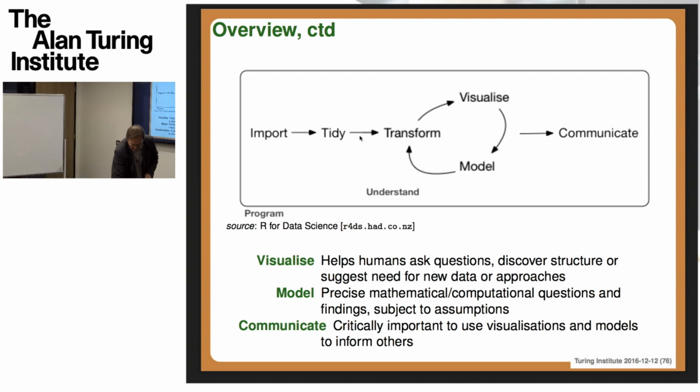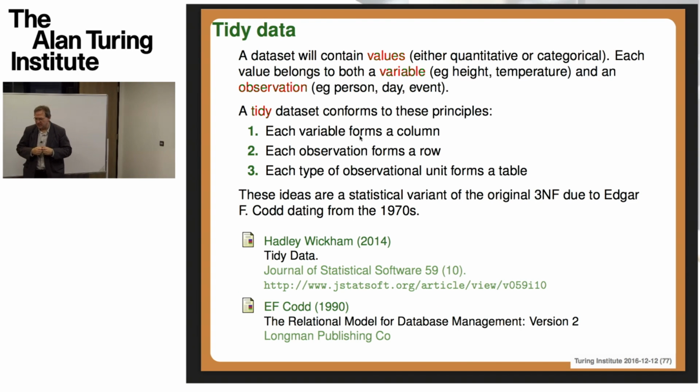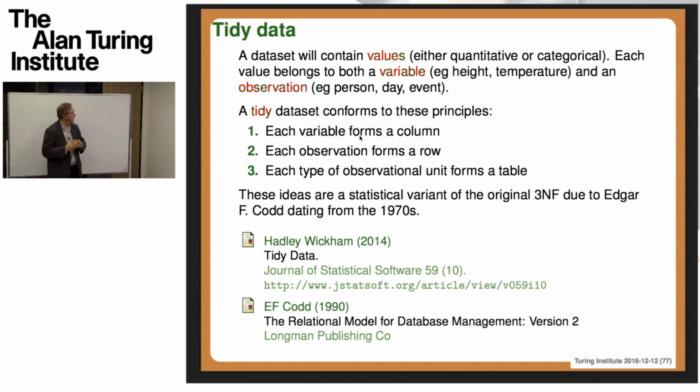So let's think about this tidy data. If we think what is the ideal for a data set, well, it contains values, and those values can either be continuous variables, quantitative information, or they can be categorical, so discrete type variables, two sorts of variables.